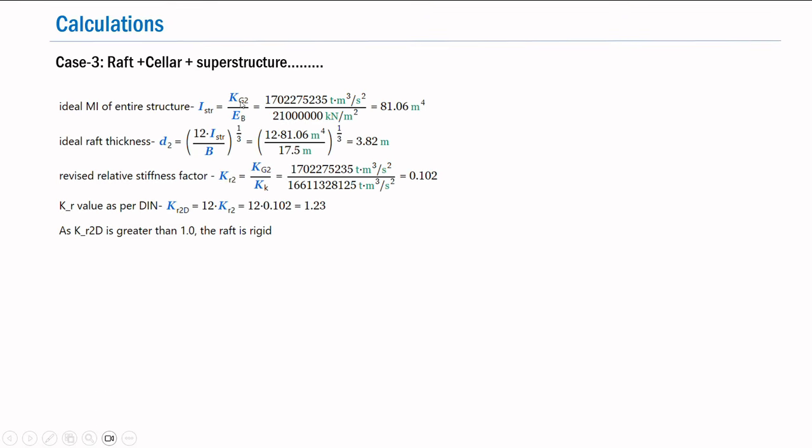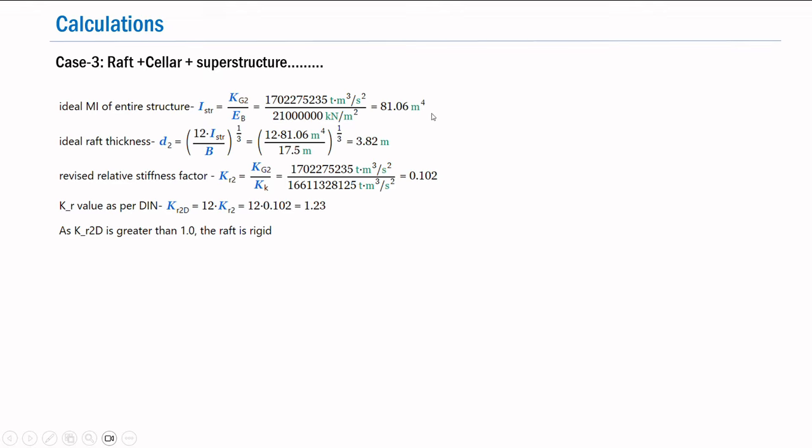Having calculated the total flexural rigidity, we can go for the calculation of the ideal moment of inertia of the entire structure. And that is nothing but the total flexural rigidity divided by the EB value, that is 81.06 meter raised to 4.